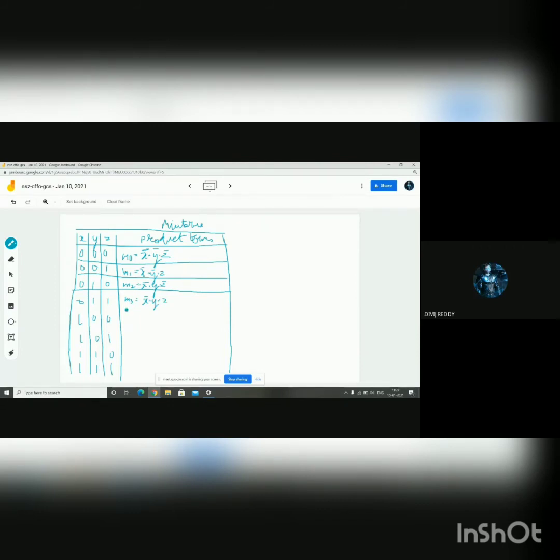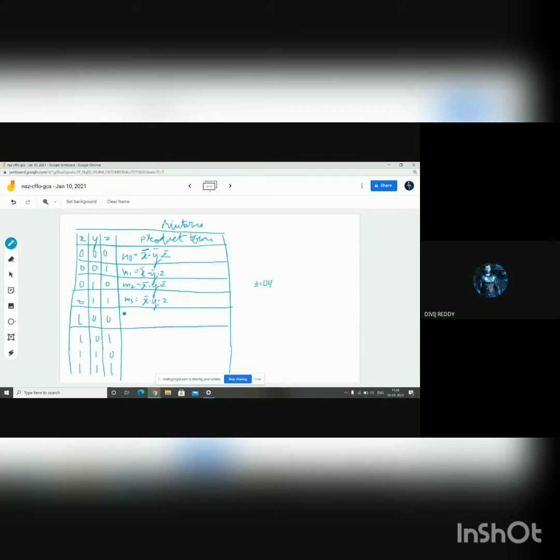So x complement yz is the third minterm. That is because x is 0, y is 1 and z is 1. If we take this as a binary code, then we will get 3 for 0, 1 and 1. That is why the third minterm, M3, is x complement into y into z.